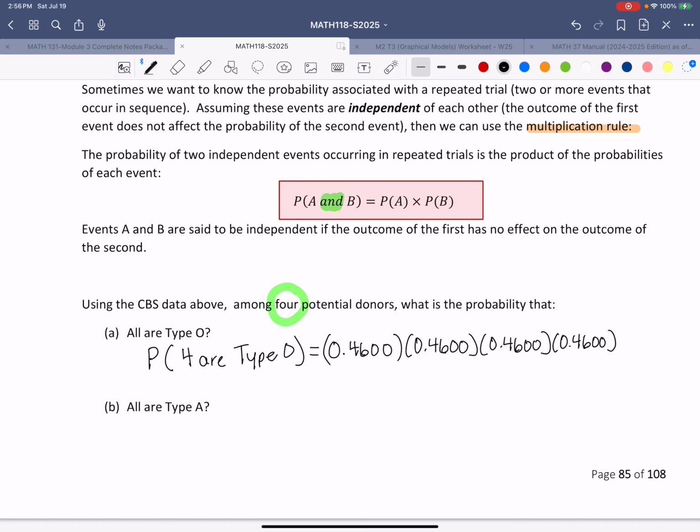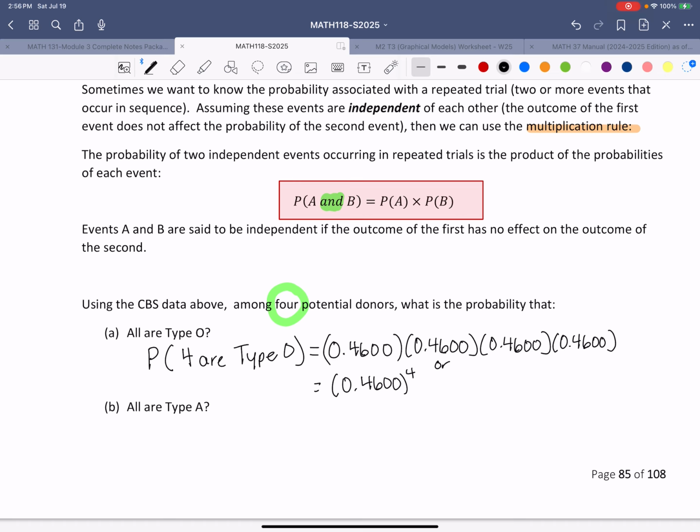So when we multiply all those by each other, we're going to get a new value that we're going to round to 4 decimal places. You can write it out as I have, or you can simplify that by just writing it as 0.4600 all to the exponent of 4, right? Because we're multiplying it by itself 4 times.